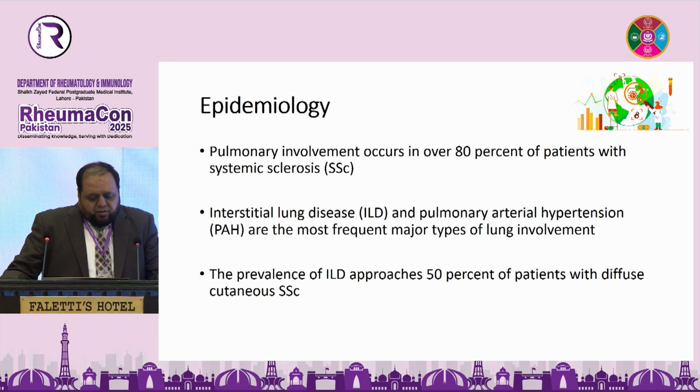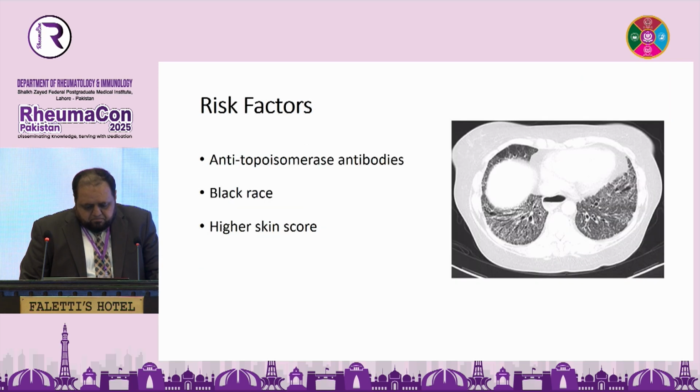The prevalence of interstitial lung disease approaches 50% of patients with diffuse cutaneous systemic sclerosis. Risk factors to acquire systemic sclerosis associated interstitial lung disease include positive anti-SCL70 antibodies, black race, or higher skin score.